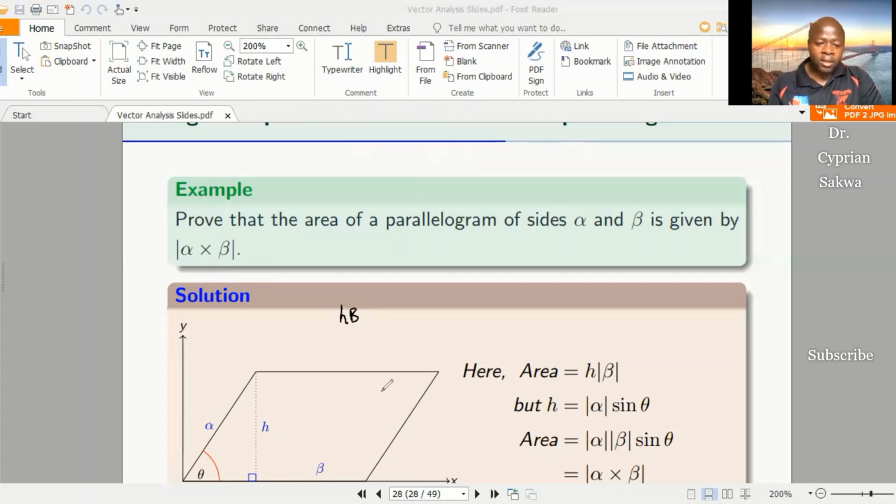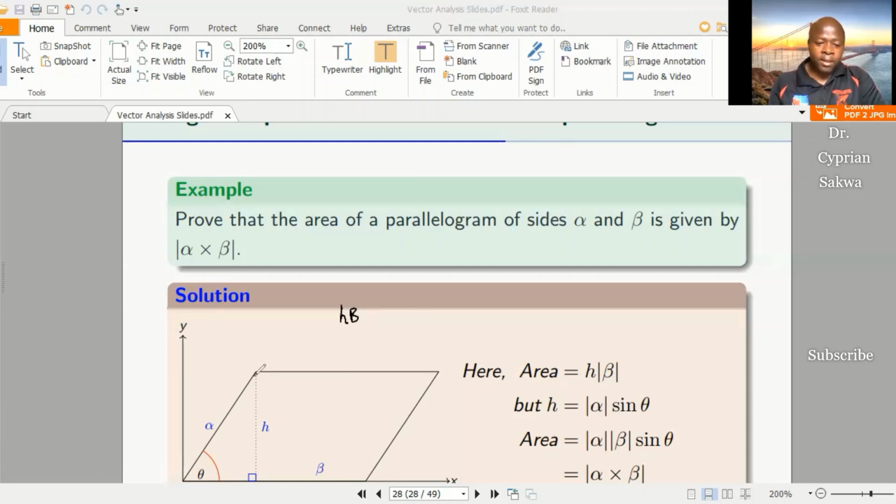So this side is parallel to this and equal, and also this side is parallel to this and equal. So for us to get the area, what we need is height times base. And so we take the length of the base times our height.